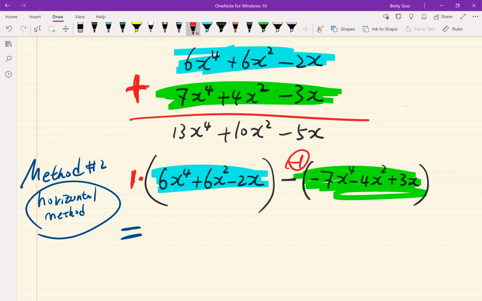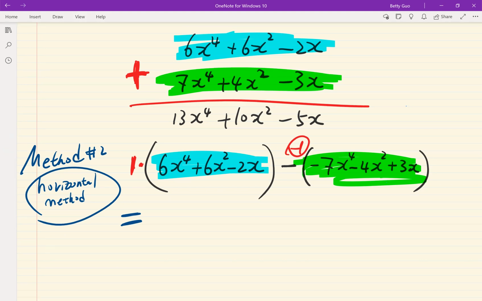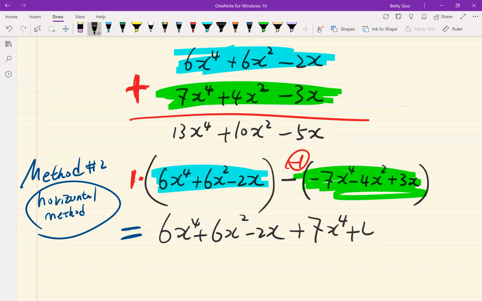Since the first parenthesis has a coefficient of 1, we literally just copy the blue polynomial. Since the second parenthesis has a coefficient of negative 1, all the terms in the green are going to become their opposite. So negative becomes positive, negative becomes positive, positive becomes negative, and then you copy, and then you combine like terms.